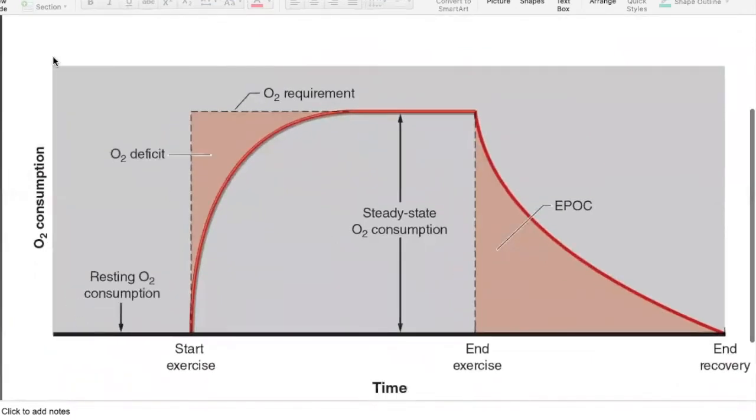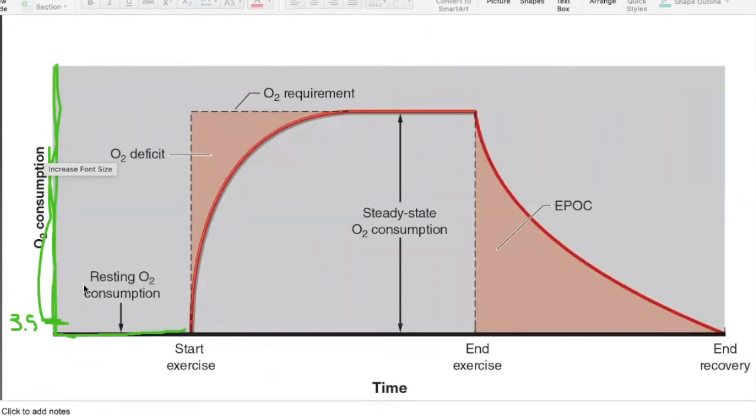this value here represents the amount of oxygen that I'm spending. So let's just make this axis here, where down here is very little oxygen spent. All right, very little. So we'll put 3.5 liters per minute. This is rest. So right now I'm resting and I'm using the resting amount of oxygen. Then at some point after rest, I'm going to start exercising.